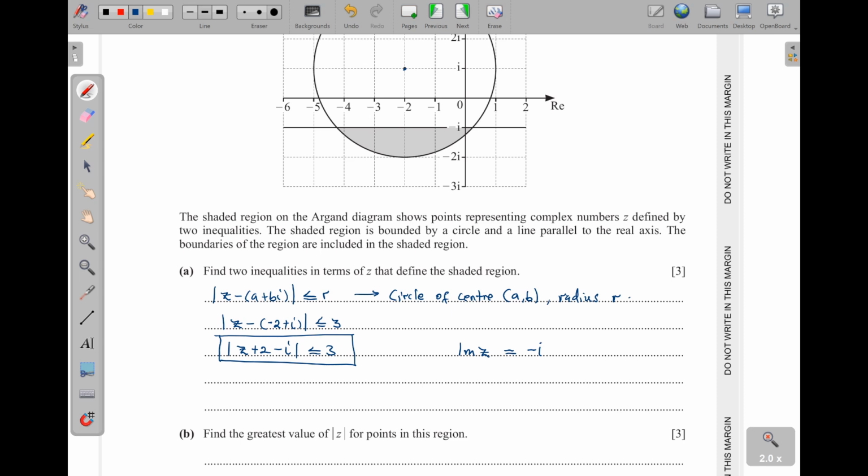I may write i or -1, but better write the values, since this is already on the imaginary axis, so we don't write the i. I can say -1 here. That is the line, but you can see that what is shaded is a region that is below, and the line is also bold. Since the line is bold, I'm going to use less than or equal to. So I will have less than or equal to -1 here. So this is going to be the next inequality.